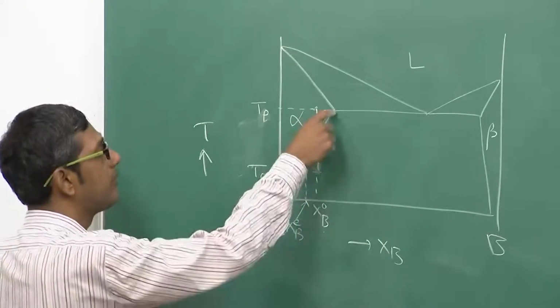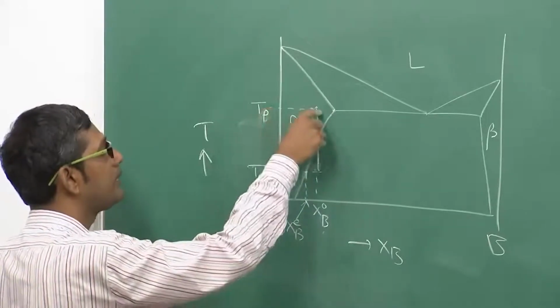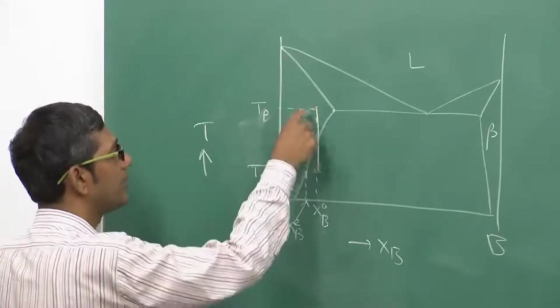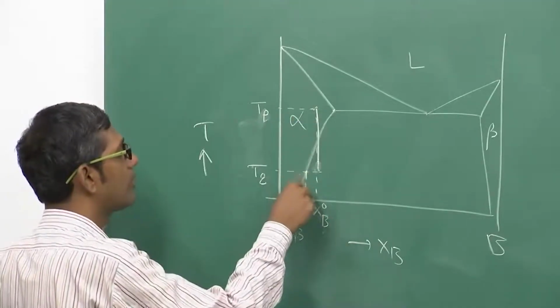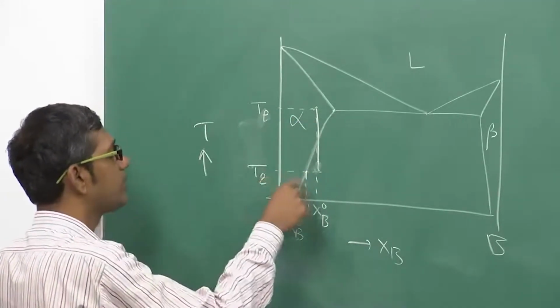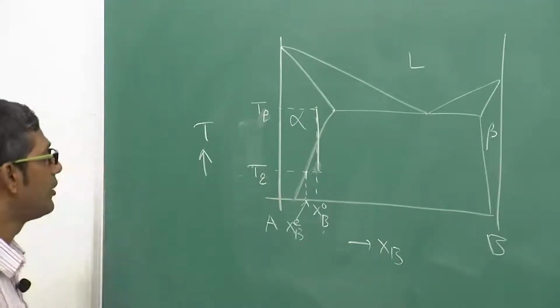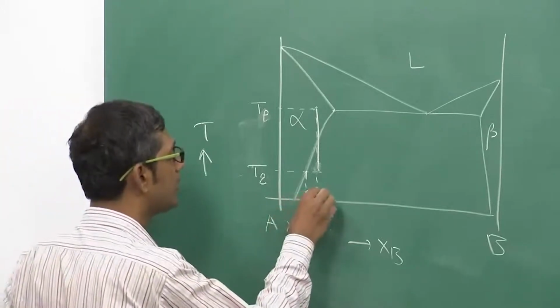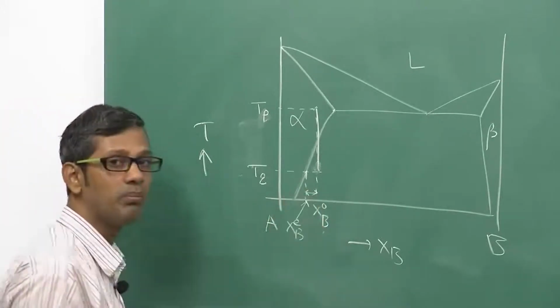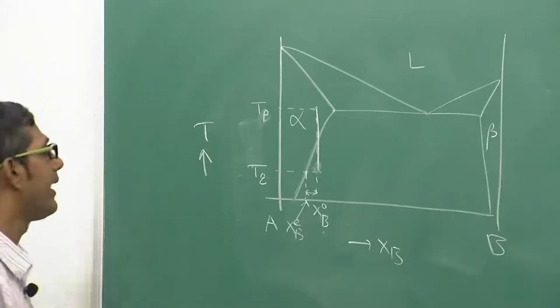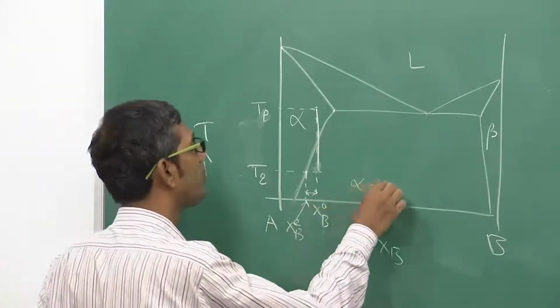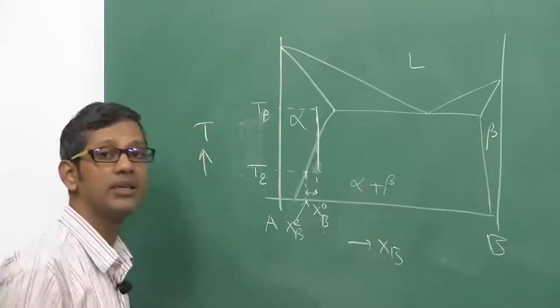The solid solubility at temperature T_P was very high, in fact it was this value. Now because it has been quenched to T_Q, the solid solubility has reduced. So the excess solute, which lies between these two values, must be taken out from the alpha, and this excess solute leads to the formation of beta from the alpha.